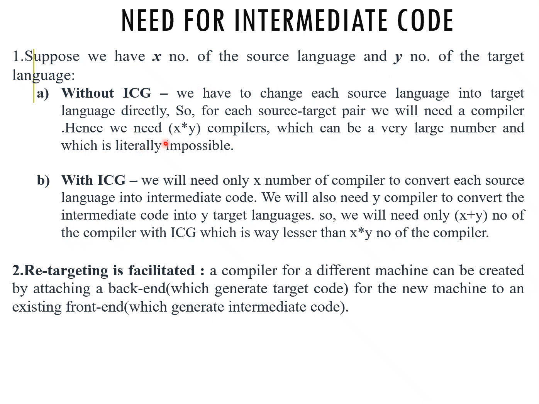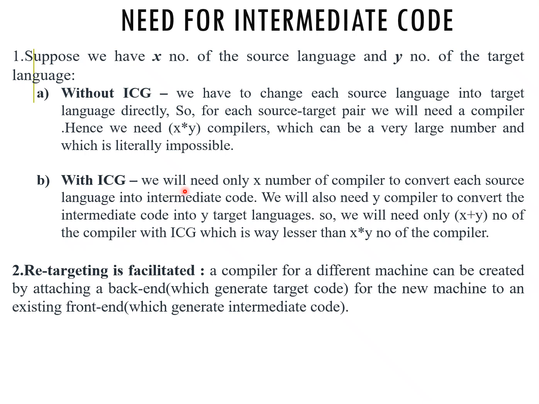Hence, if we apply mathematics, we observe that if there is no intermediate code generated, then the number of compilers required is X into Y. Whereas, if there is an intermediate code, the number of compilers required reduces drastically. When we apply mathematics on this concept, you will observe that because there is an intermediate code generated, the number of compilers required will be X plus Y. Let us see what the theory on the slide says when we have an intermediate code generator available.